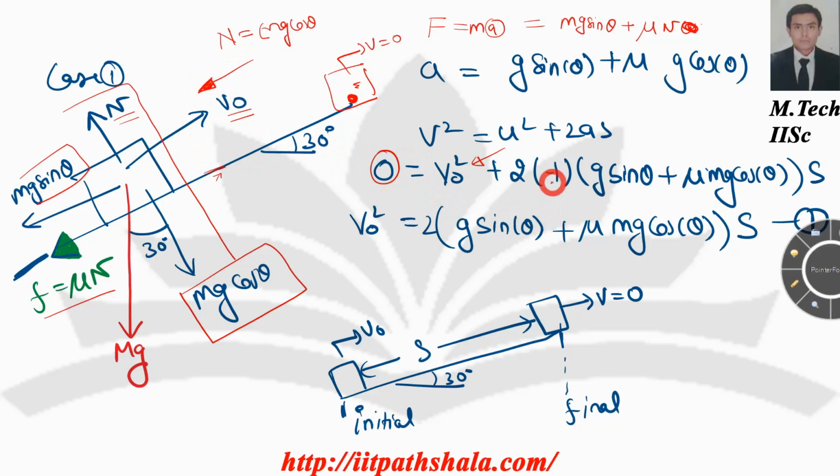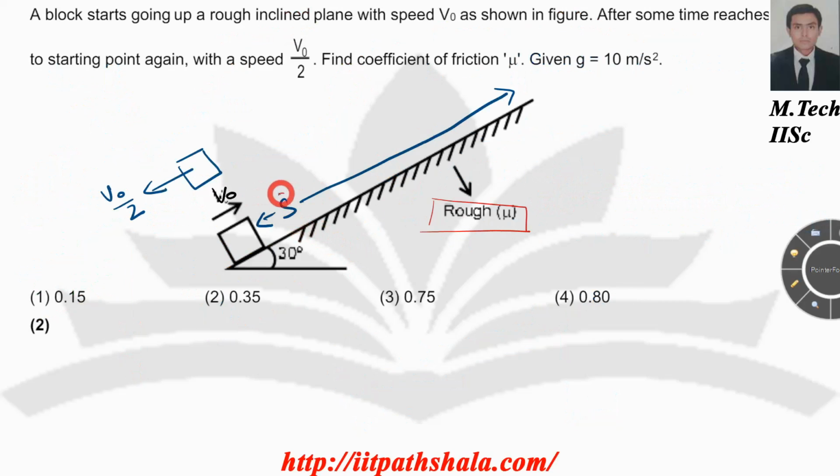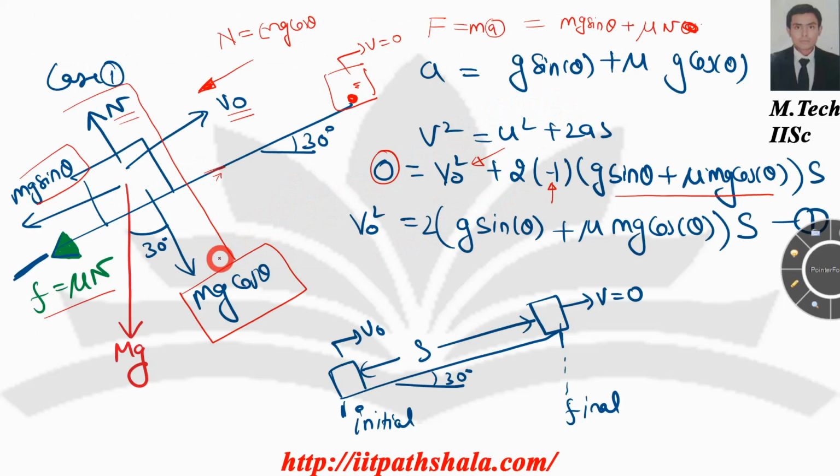So I have put a minus 1 here and written my acceleration magnitude. As you can see from the question itself, let's say I am moving a distance s to the highest point. So I've mentioned the distance s here, and I'm left with the following expression.